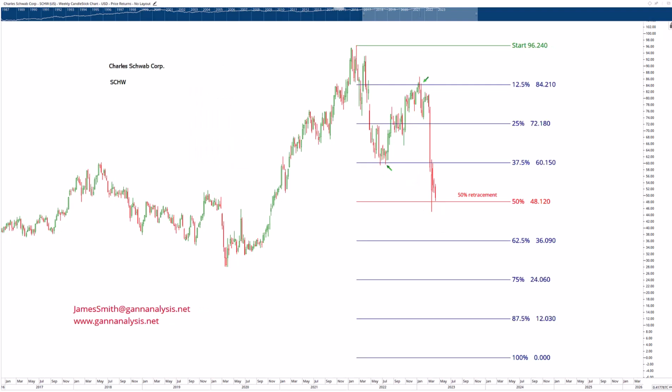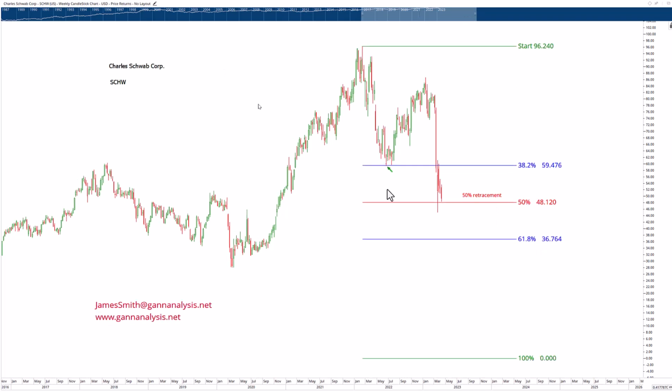So I think you should probably go with Fibonacci, with the idea that if it takes out this support here, you could look for 36.09 to be support, a Gann level, but I personally would go with 61.8, the Fibonacci level, 36.76. Why? Because this gave you the exact low here. If it's going to take this out, where's it going to find support? Probably, again, on Fibonacci.